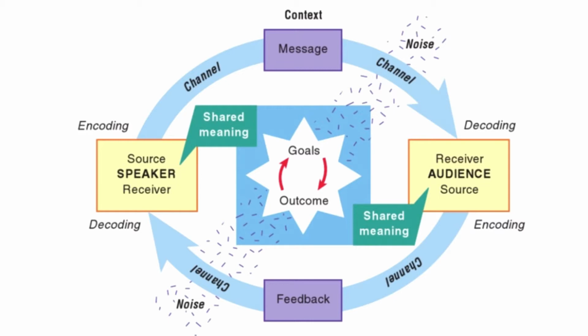The speaker's understanding of a topic might be very different from the receiver or the audience's understanding of a topic. It can cause confusion and misunderstanding when the understanding of the world that the speaker has is different from the perceptions and context that the audience has.